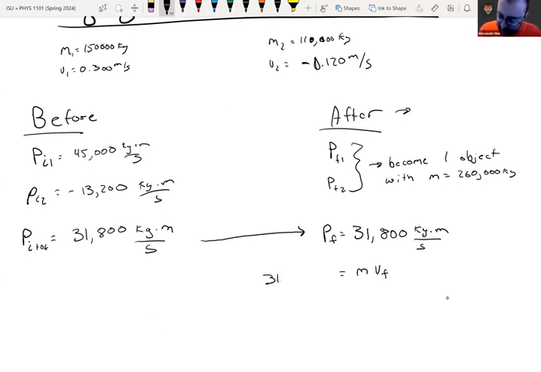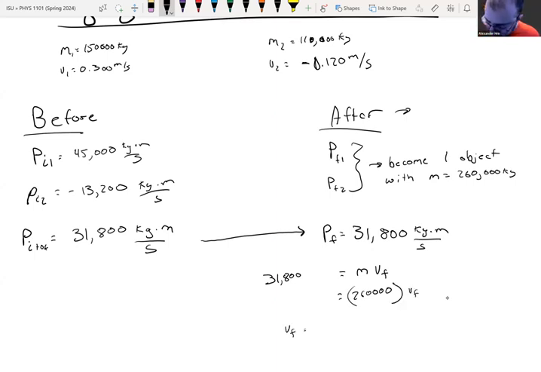So we have 31,800 is equal to 260,000 kilograms times V final.